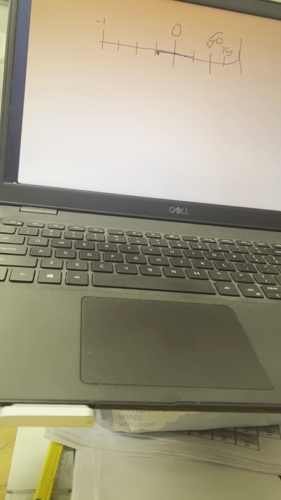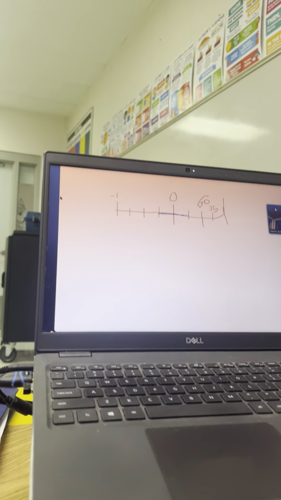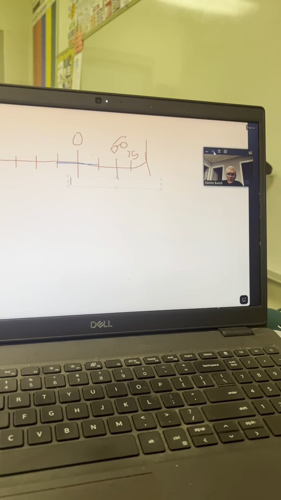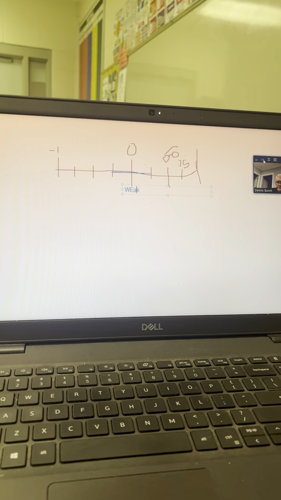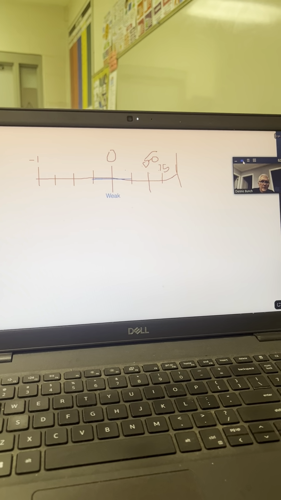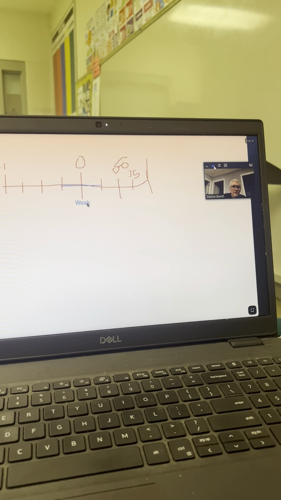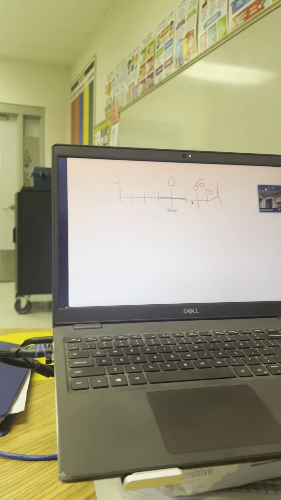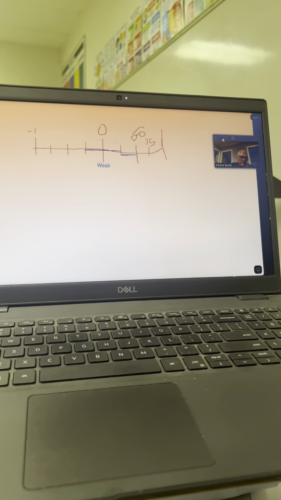So when we look at this, everything in here is what? Weak. And then, let me go get another color. So everything here is supposed to be green.